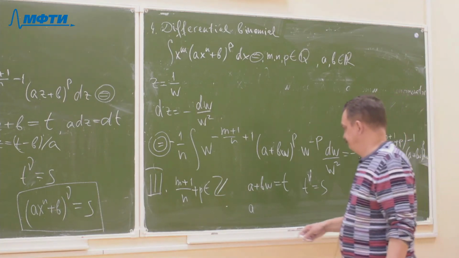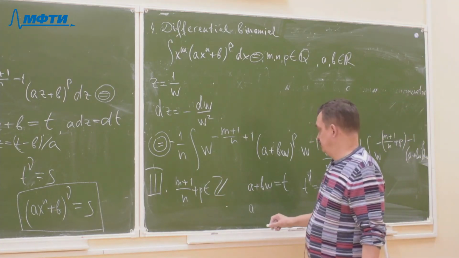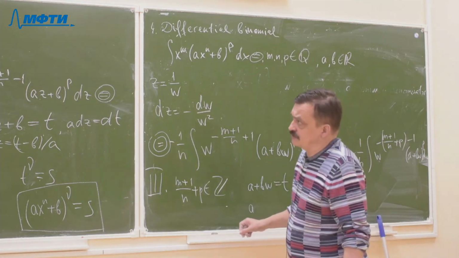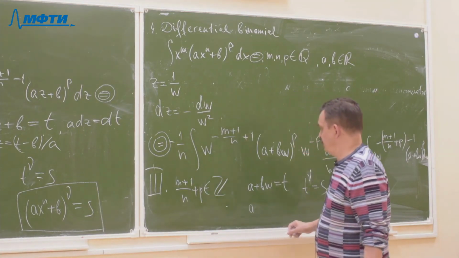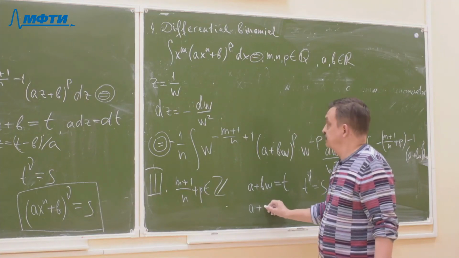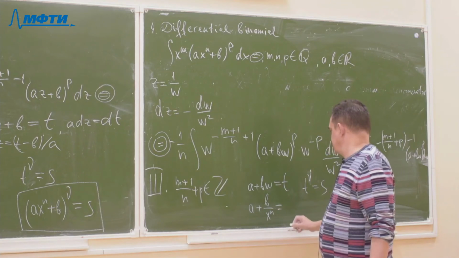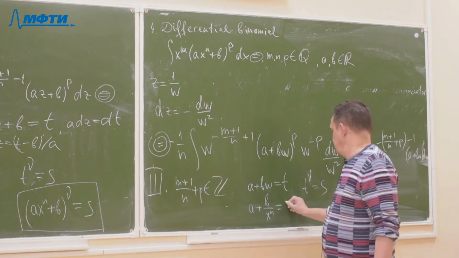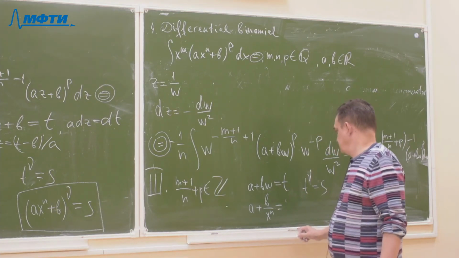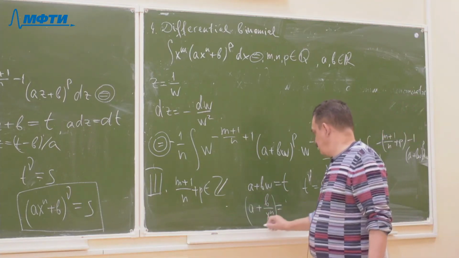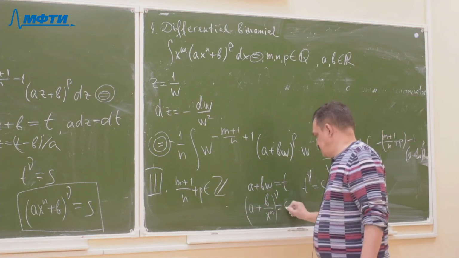Z was x to the power n, so a plus b over x to the power n, to the power nu, equals s, right?